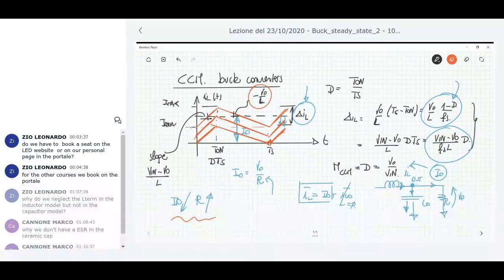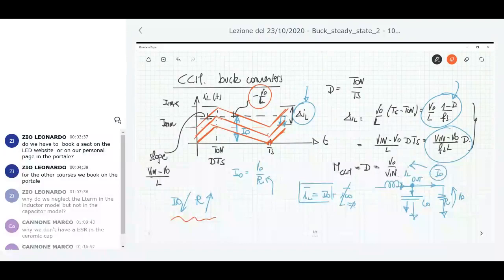So if you continue to increase the load, the current can go below zero for a certain interval over the period. So this is a condition that we call the discontinuous induction mode, okay?